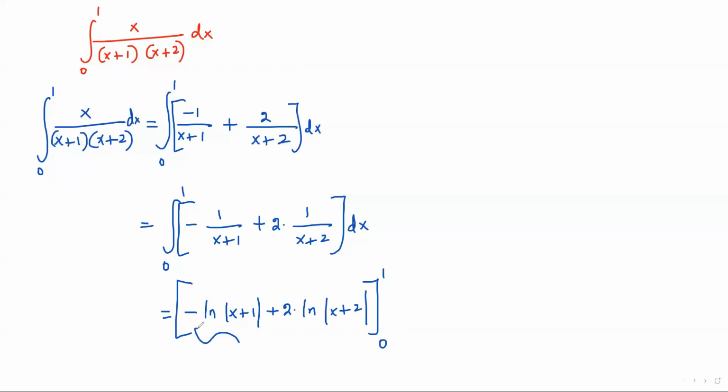Now in the complete result, I have to plug in the upper limit 1 for x. Then we have to take a negative sign. Again, for the complete result, I have to plug in the lower limit 0. First let me plug in the upper limit 1 for x in this result. So let me do it on the next page.